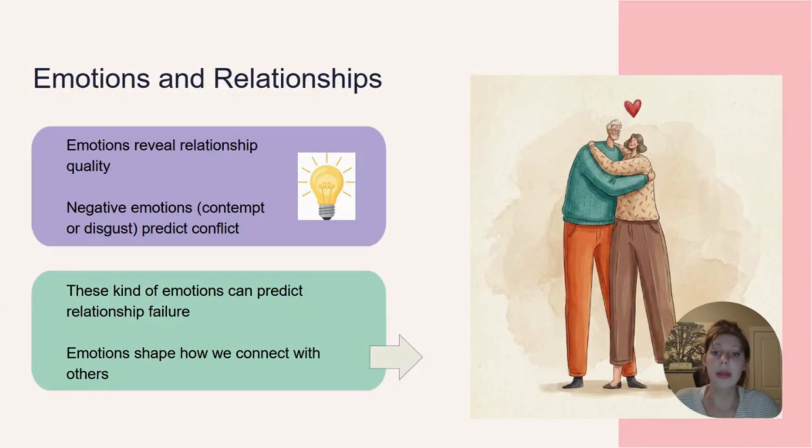So emotions and relationships. Emotions reveal relationship quality. So negative emotions such as contempt or disgust predict usual conflict. And these kind of emotions can predict relationship failure. And emotion shapes how we connect with others. So all emotions are okay to feel, number one.